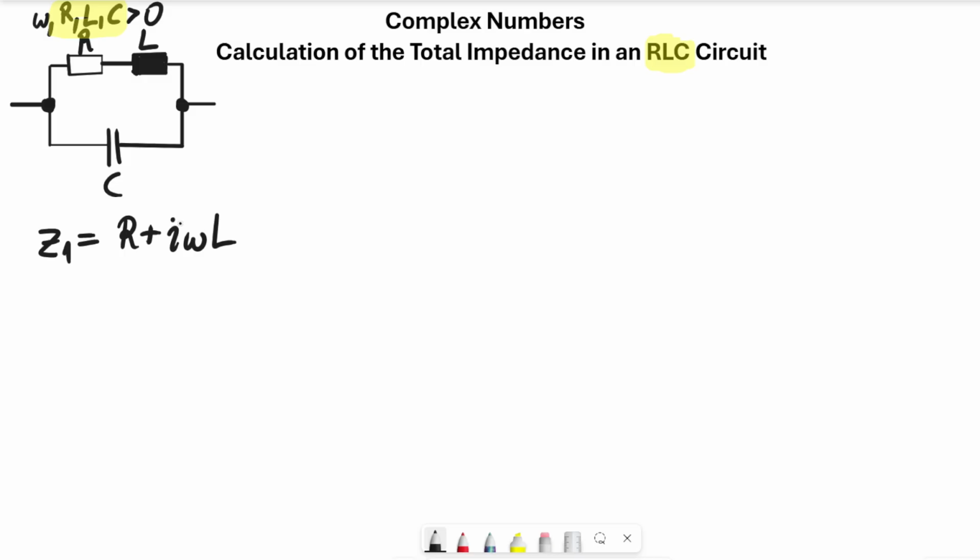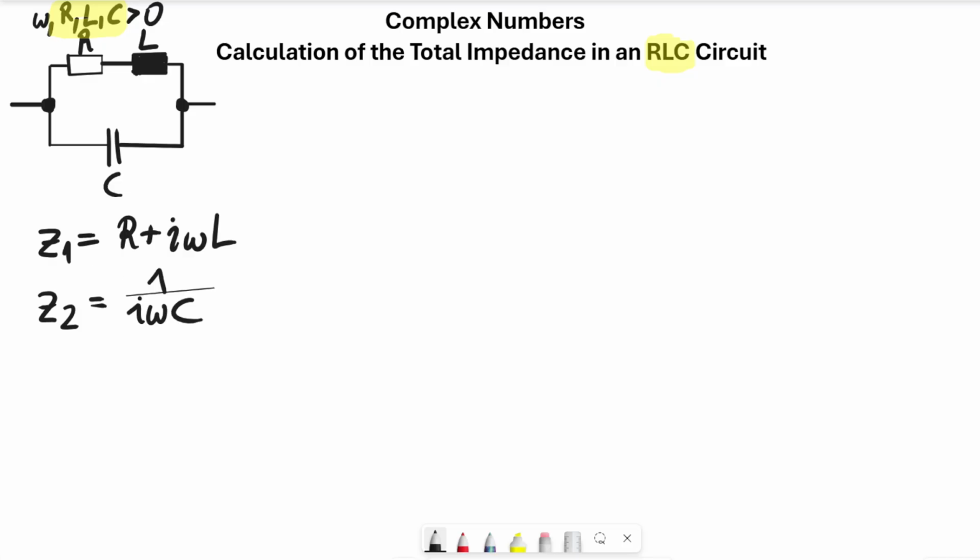You also will learn in electrical engineering why it is I omega L. So Z2 is 1 divided by I omega C. So this video is not about the content or the domain knowledge of this electrical circuit. It is purely about the computation of the total impedance and how to do this efficiently.